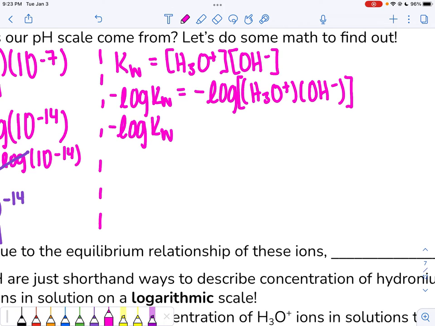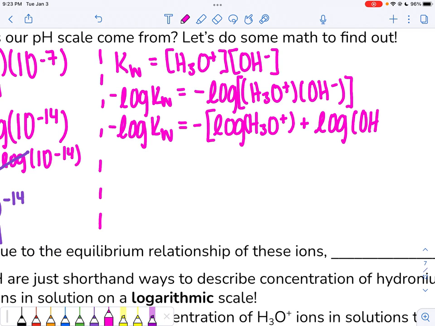If they're being multiplied, I separate it out into two logs being added. So negative log of Kw is equal to negative log of H3O plus plus log of OH minus.